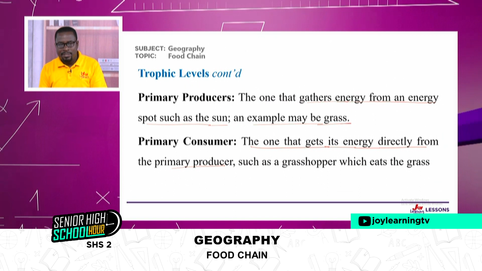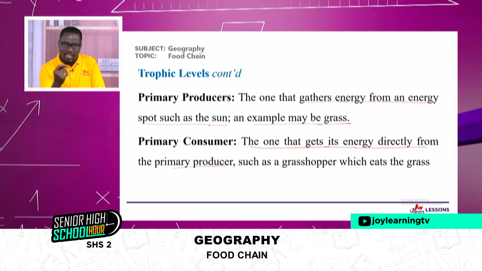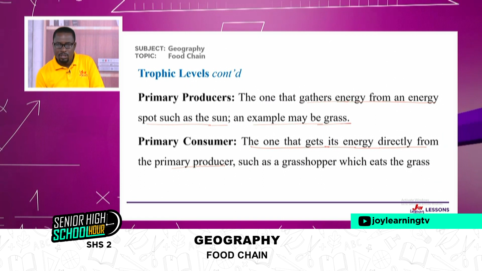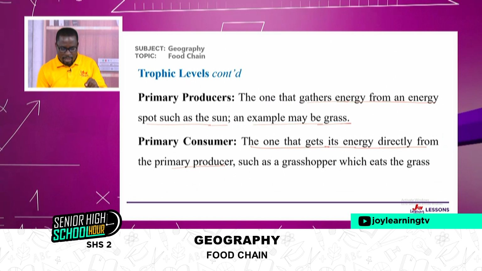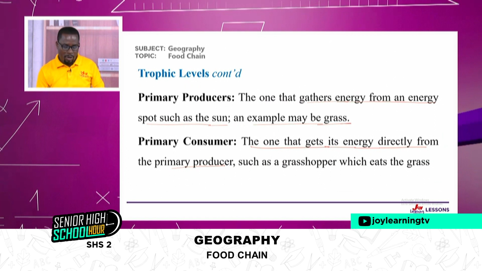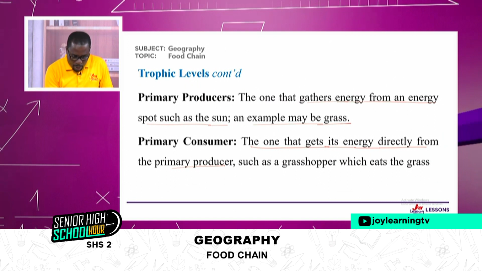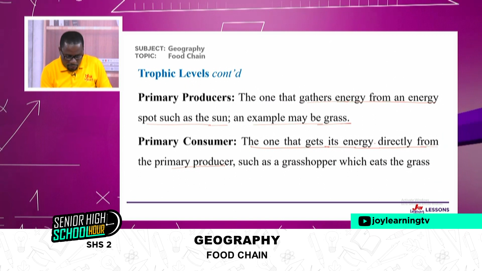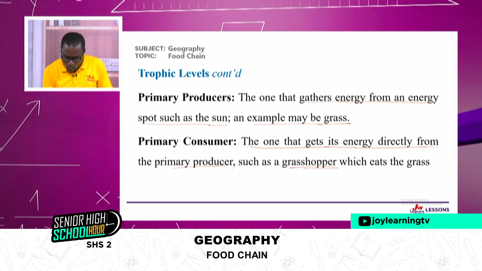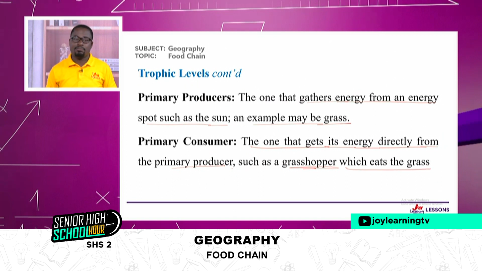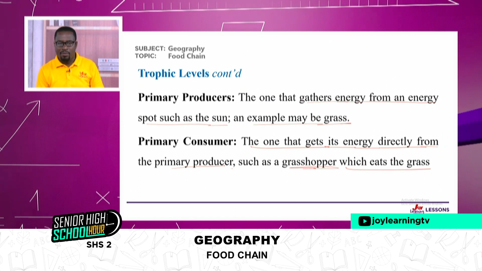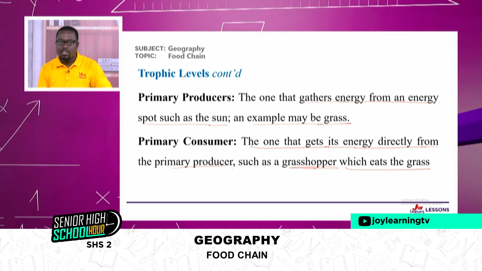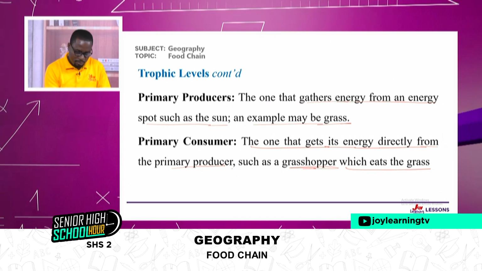As the grass traps the solar energy from the sun to make its own food, the primary consumer doesn't go to the sun. It goes to the primary producer, such as the grasshopper, which eats the grass. So the grasshopper is a primary consumer. It doesn't get its energy from the sun, but rather gets it directly from the plants, like the grass.